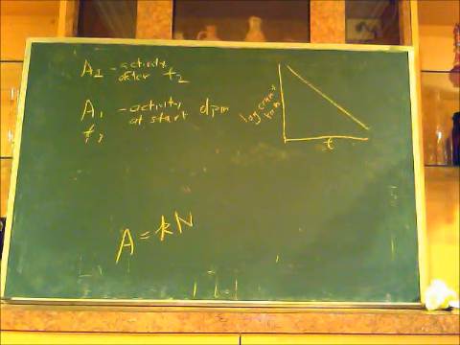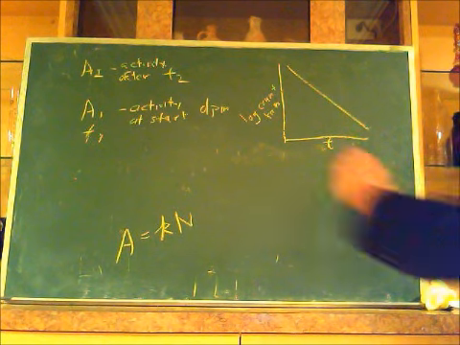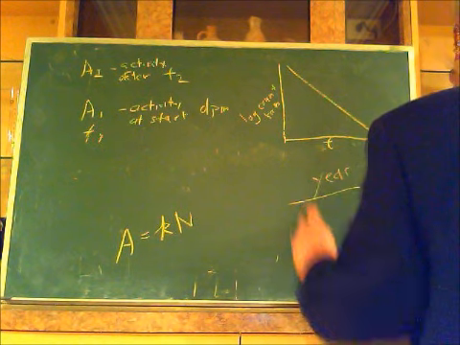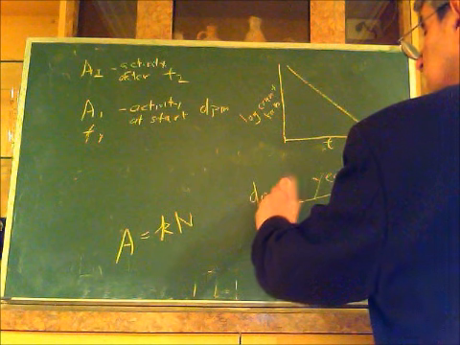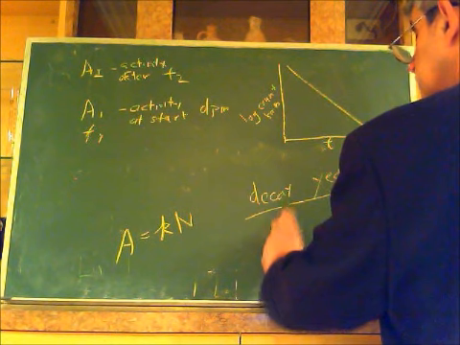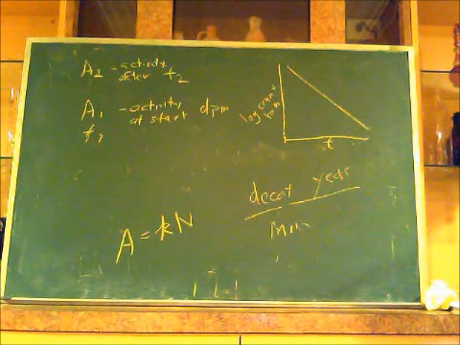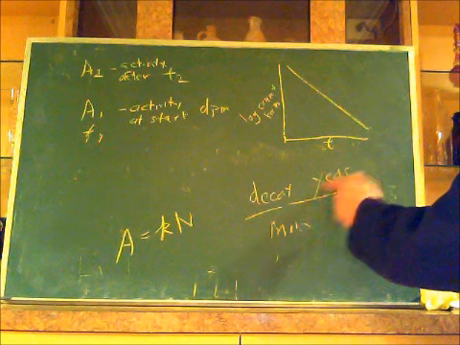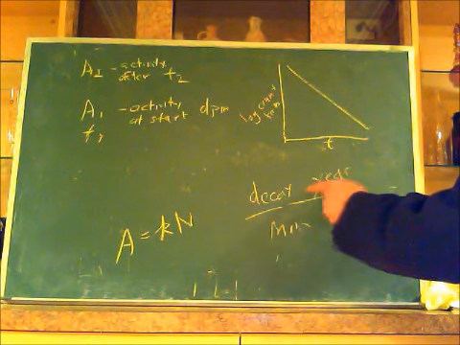We can't have years on the top and then decays per minute, because minute does not go into year. We want these units to cancel out. So we have to either find the number of minutes in a year and multiply that by 30.07.